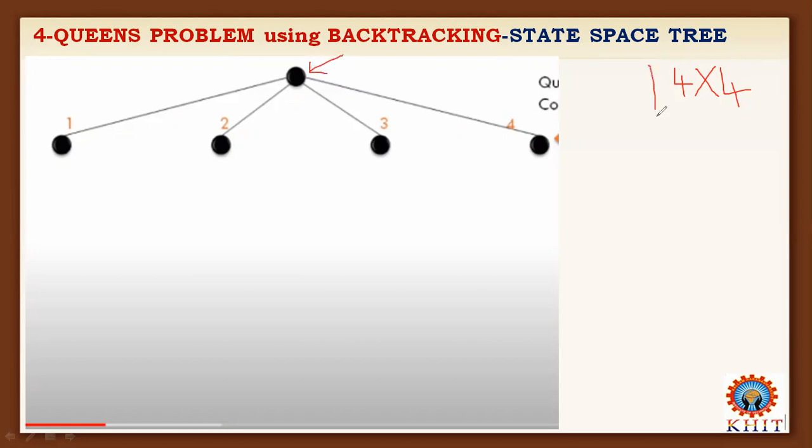So in a 4 by 4 chessboard, how many ways can we place? There are 4 ways, 1, 2, 3, 4. All 4 ways we are able to place the queen. So the first way, second way, third way, and fourth way of placing the queens.